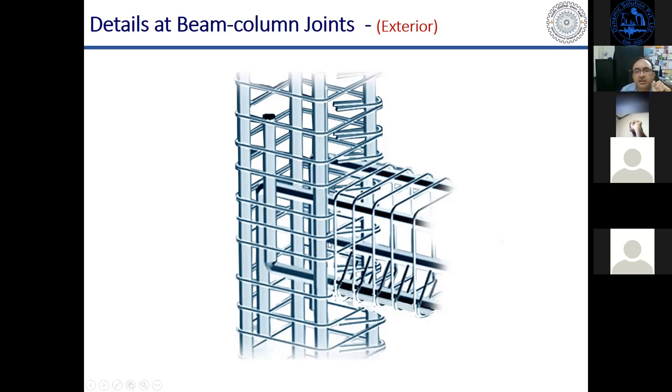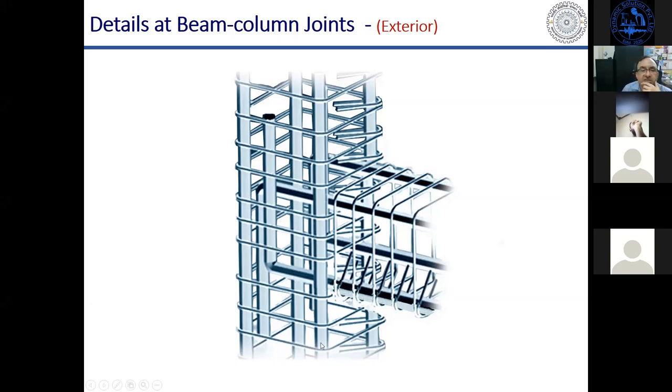There is a statement given in NBC, when I was reading, saying that even if the joint is not confined, we have to provide the shear reinforcement. That means there is a provision of providing the confining reinforcement in the joint, but the clause is not there. Somehow the clause has been missed, but I understand the intention of NBC is also the same.